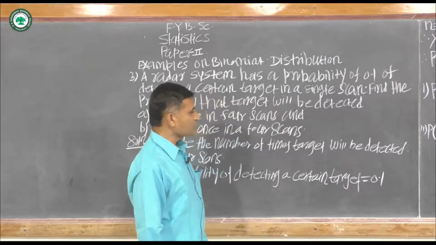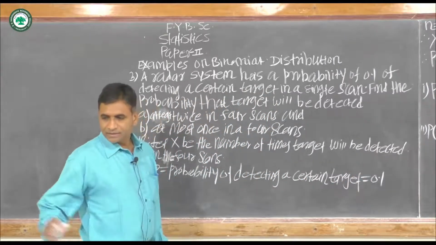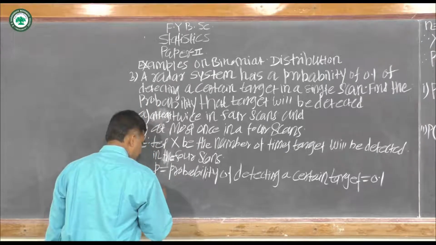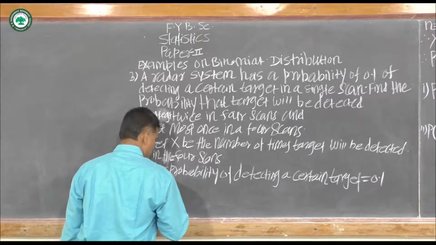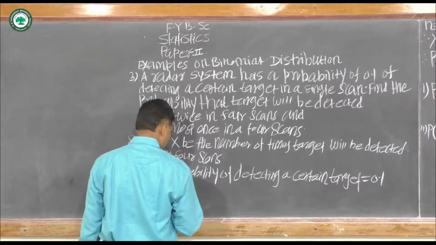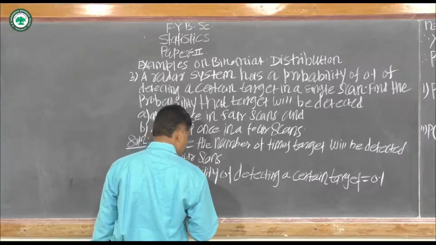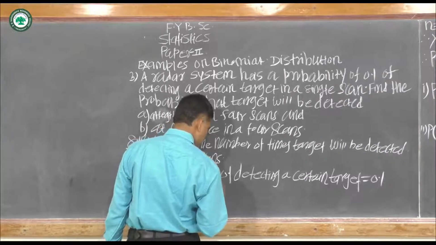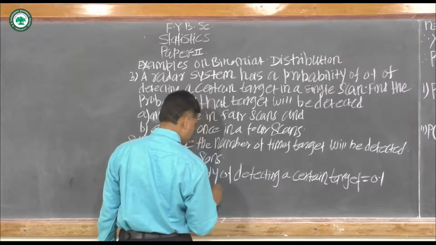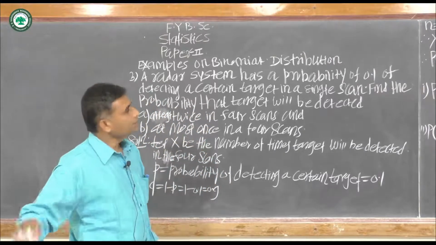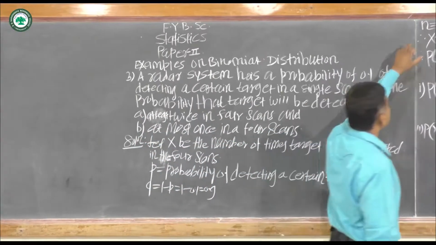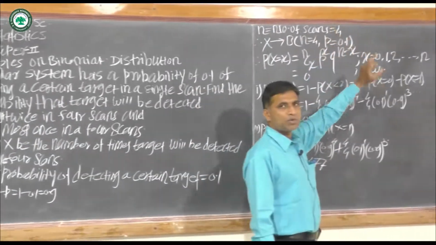If p is equal to 0.1, then the value of q, we know that q is equal to 1 minus p, which is equal to 1 minus 0.1, which is equal to 0.9. Then n is equal to number of scans, that is the value of n is equal to 4.